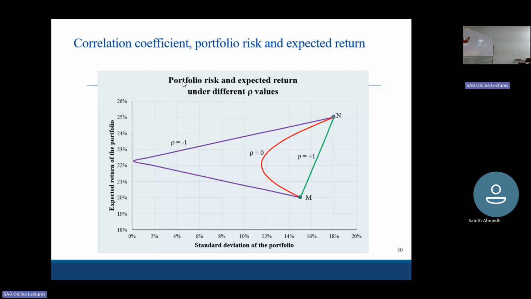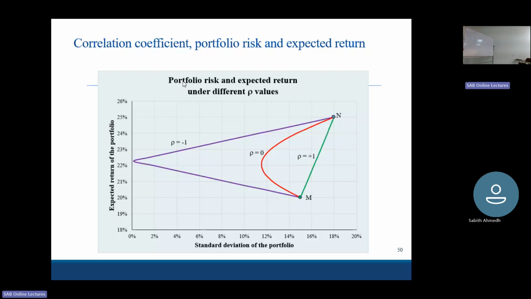Required rate of return is equal to risk-free rate of return plus risk premium. I started with this formula. So the risk-free rate of return is for the time value, and the risk premium is for bearing the risk. Right?